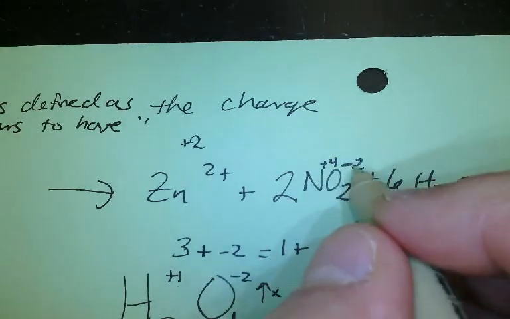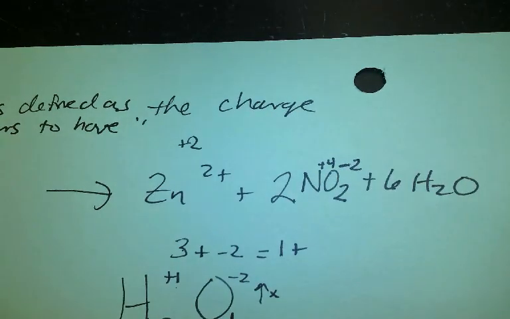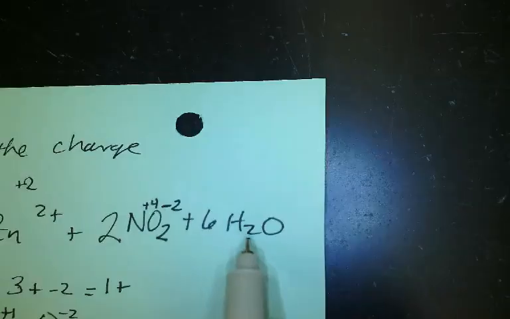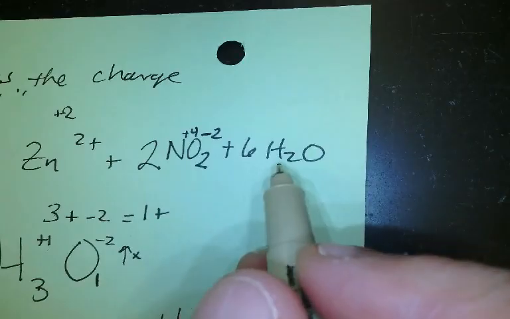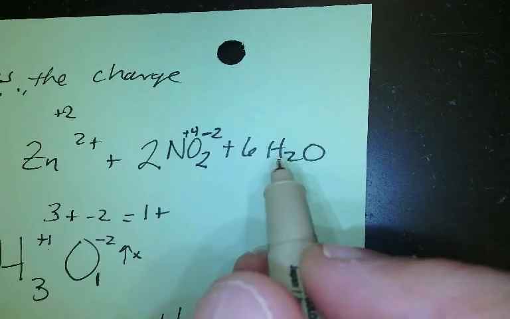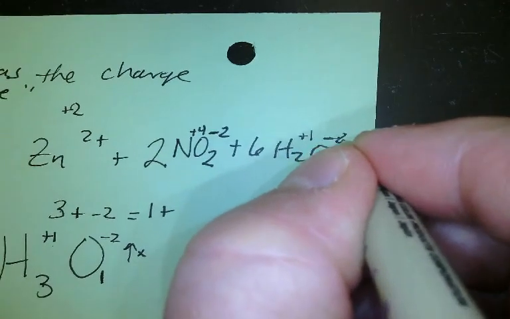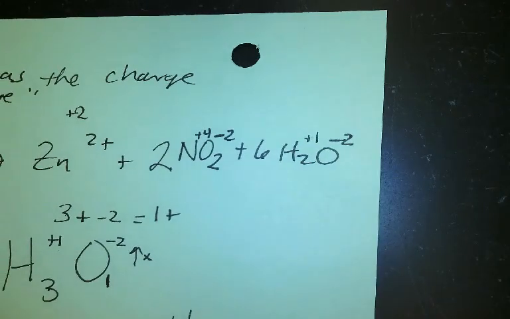So I have a +4 and a -2. Okay, H2O. Now, do I need to do any math here? Or what could I do? Good job, +1 and -2. Okay, so you did it.